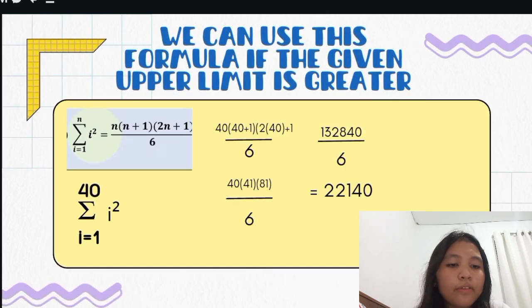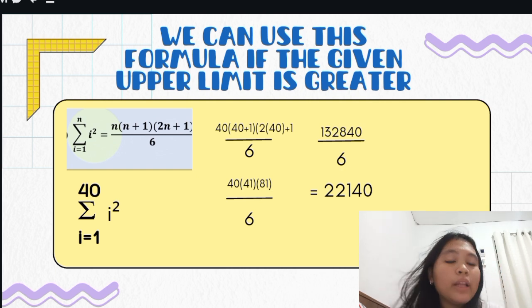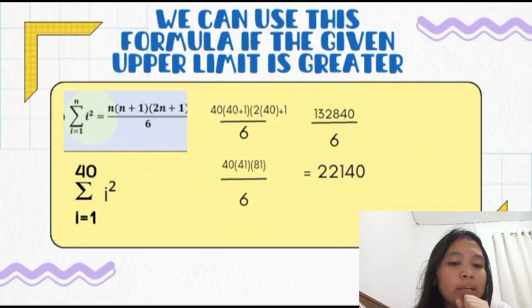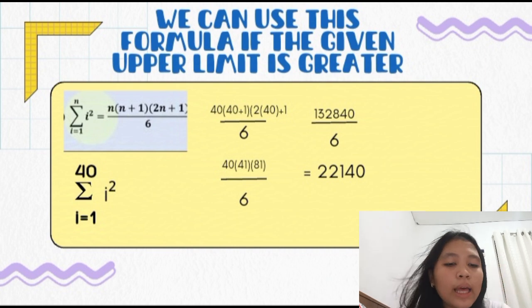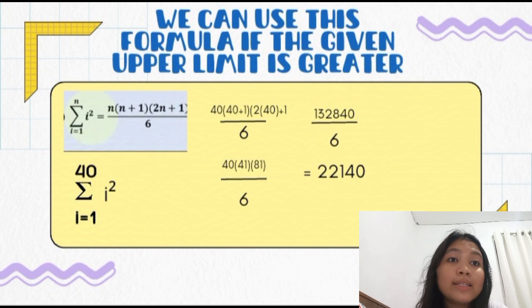Alright, so we have here our formula, and we're just going to change the n into 40, since 40 is our upper limit, our index is 1, and the general formula is I squared. So we have 40 times the quantity of 40 plus 1 times the quantity of 2 times 40 plus 1, and it's going to be 40 times 41 times 81, and then divided by 6.